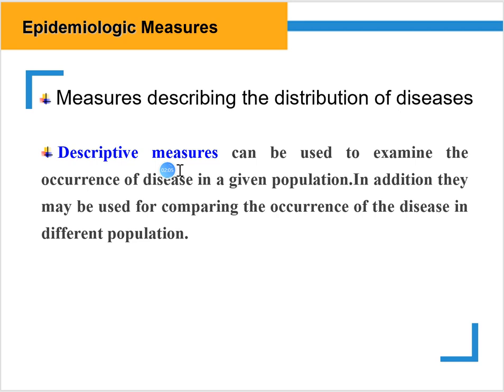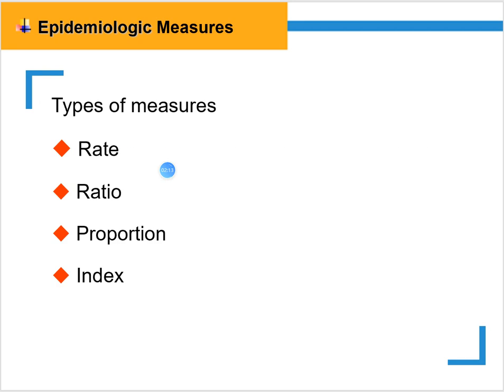In addition, they may be used for comparing the occurrence of the disease in different populations. There are 4 types of measures which can be used to describe disease in a population or between populations. They are rate, ratio, proportion, and index.